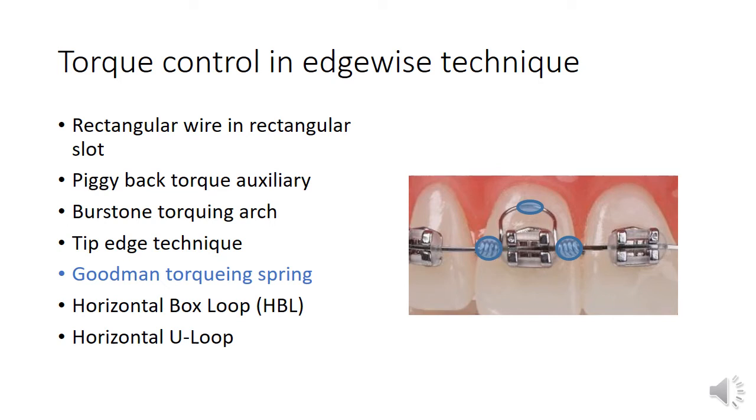To solve this problem, the arch wire that engages inside the bracket, and only inside the bracket, should be rounded, made from a rectangular wire into a round wire. This should be limited only to that part of the wire that engages the bracket, and not more than that, because the Goodman spring anchorage takes advantage of the rectangular shape of the wire to create force.